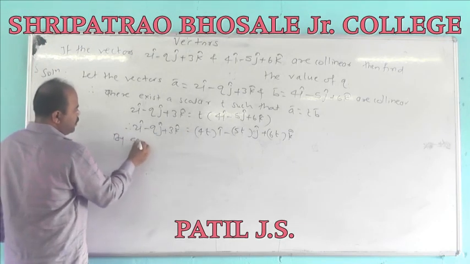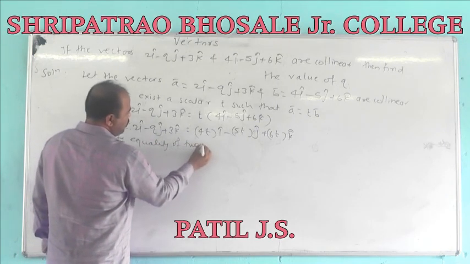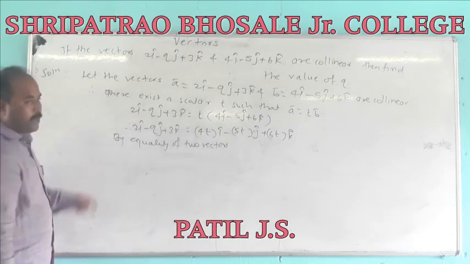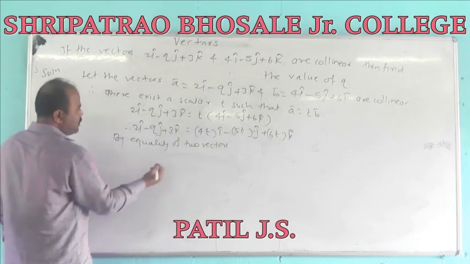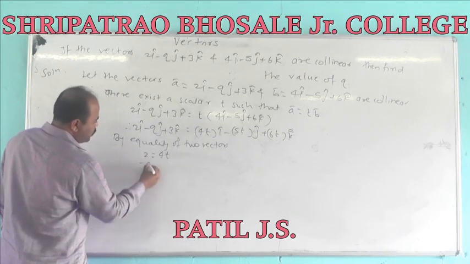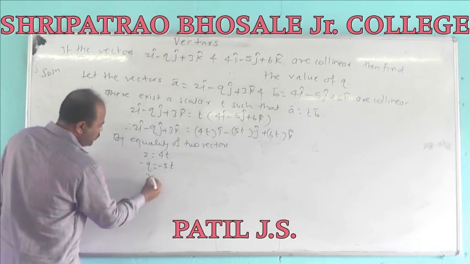By equality of two vectors, the coefficients will also be the same. That means 2 is equal to 4t, minus q is equal to minus 5t, and 3 is equal to 6t.